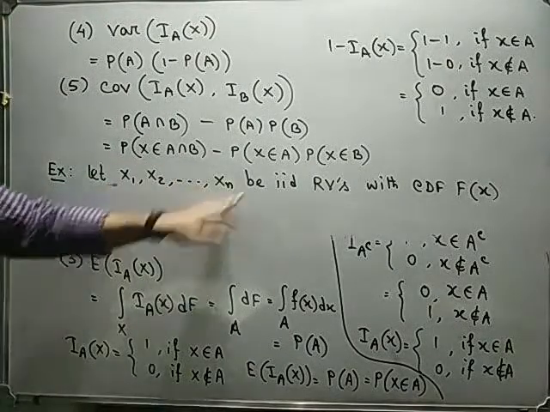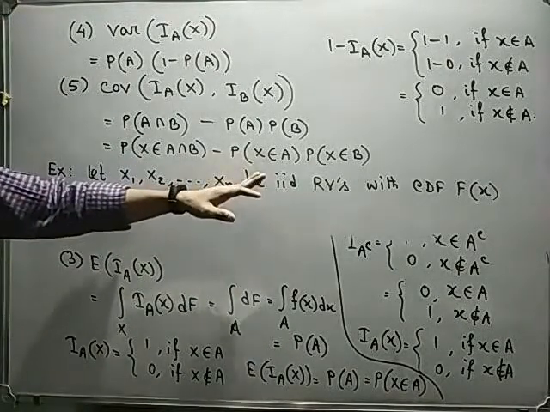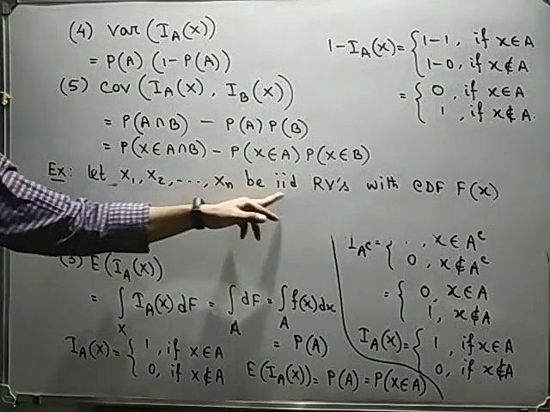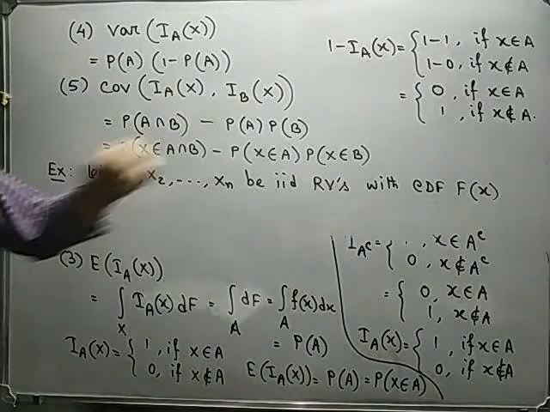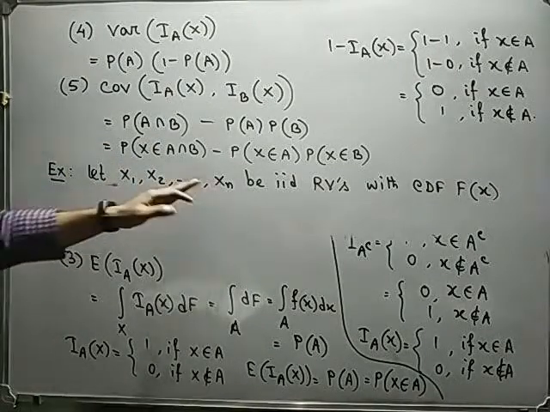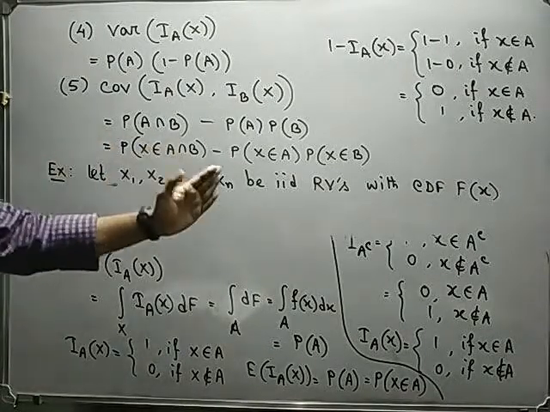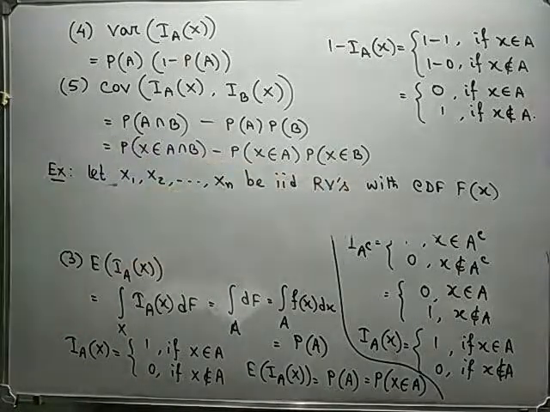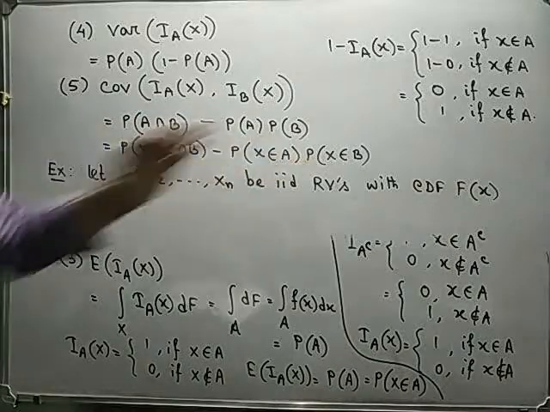IID means independent and identically distributed. Obviously they are independent, and identical means each and every one has the same distribution. So each has the same PDF and the same CDF also.